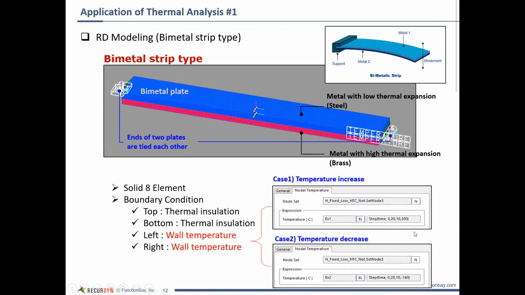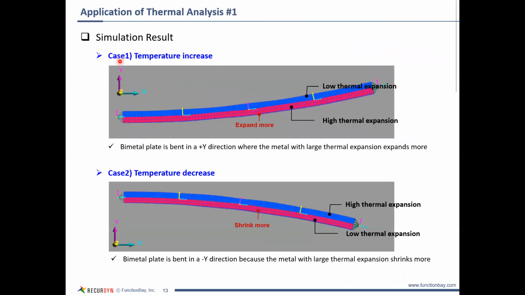In this case, we have a step function to smoothly bring us up to temperature or down to temperature, for example, and then we'll see what happens to that material over time. And then this is the end result of that behavior. One of these materials is going to expand or contract more because of its thermal coefficient.